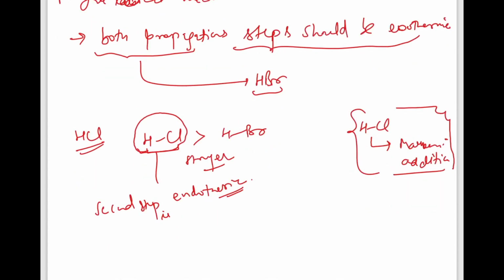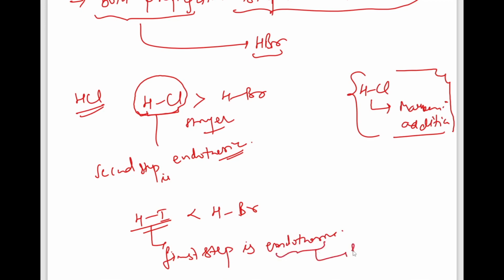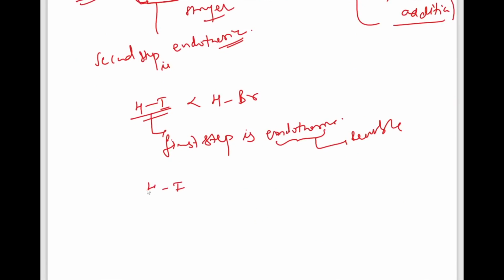Similarly, if we consider HI, the HI bond is weaker as compared to HBr, but to break it we require a little amount of energy. For HI, the first step is endothermic, and endothermic reactions are also reversible. It is difficult to get an iodine free radical, unless we provide energy.